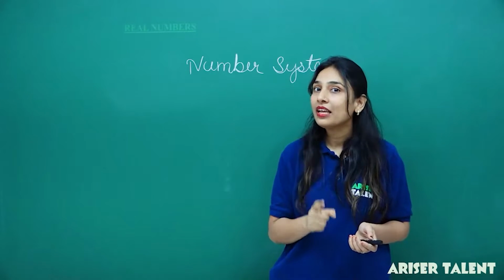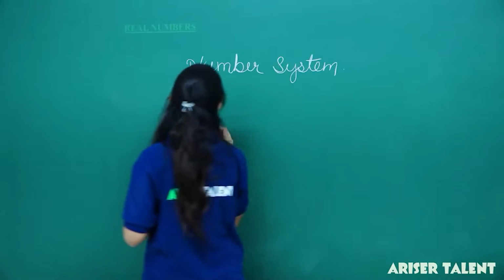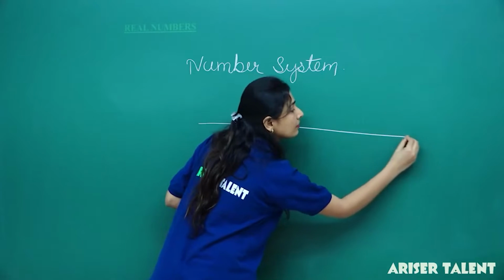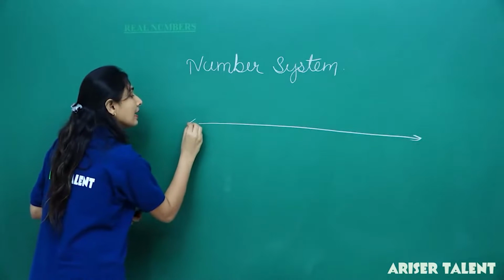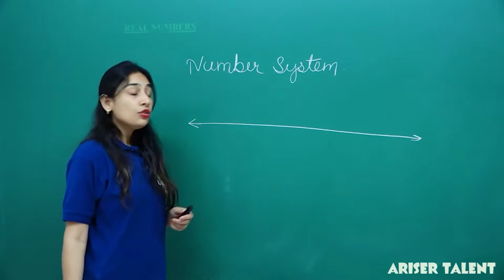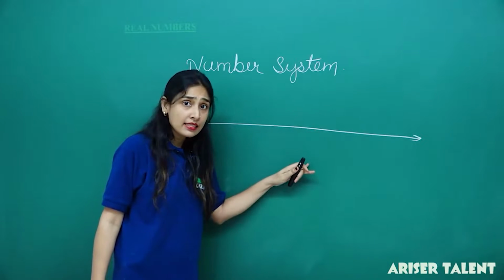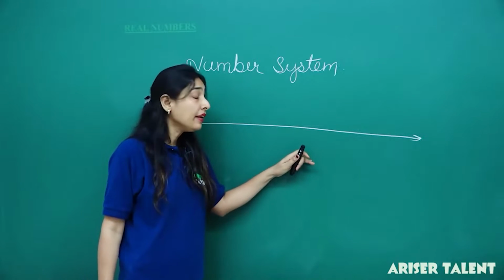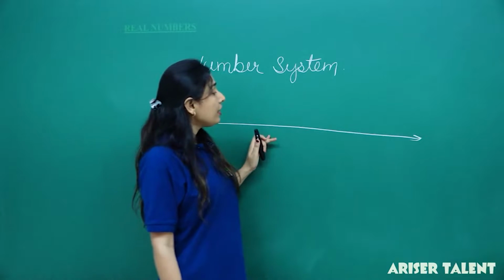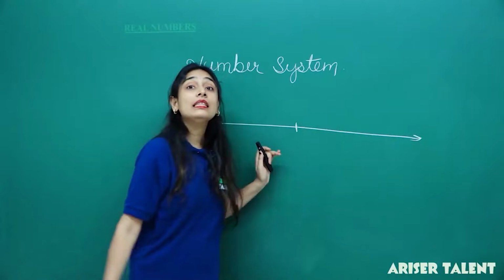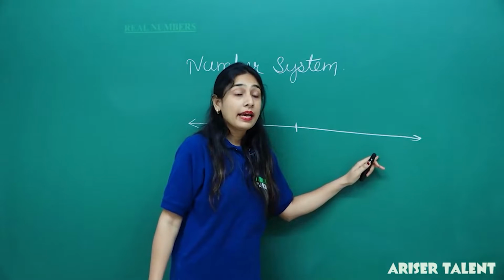Now, what is a number line? We are having a line here. This is the number line. Now we will study some definite sets, some number sets, and we will mark these numbers on this number line.